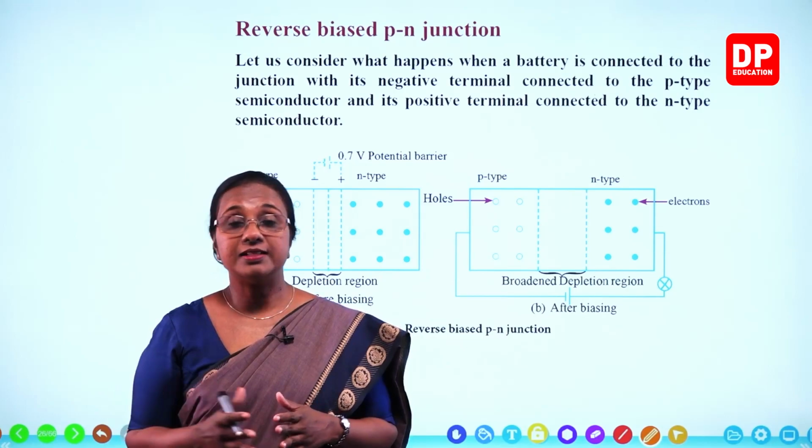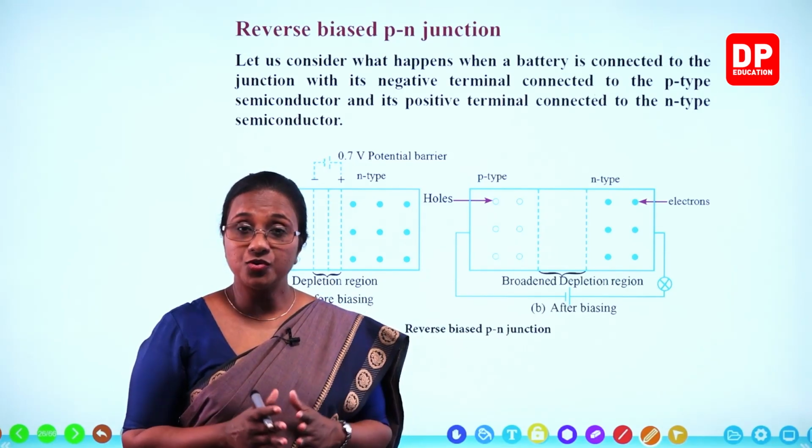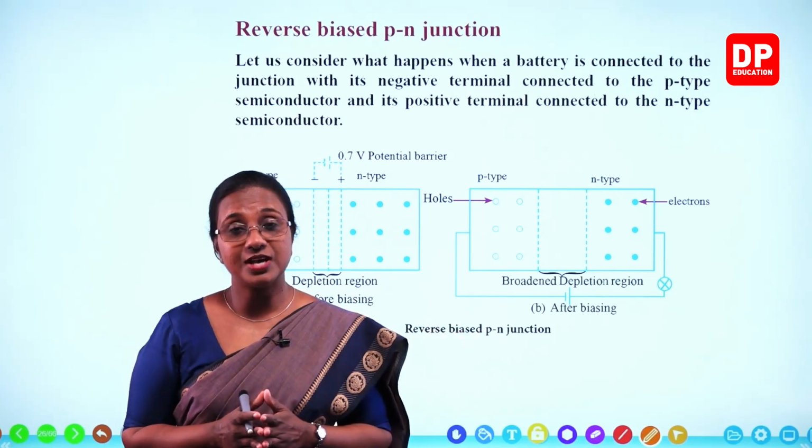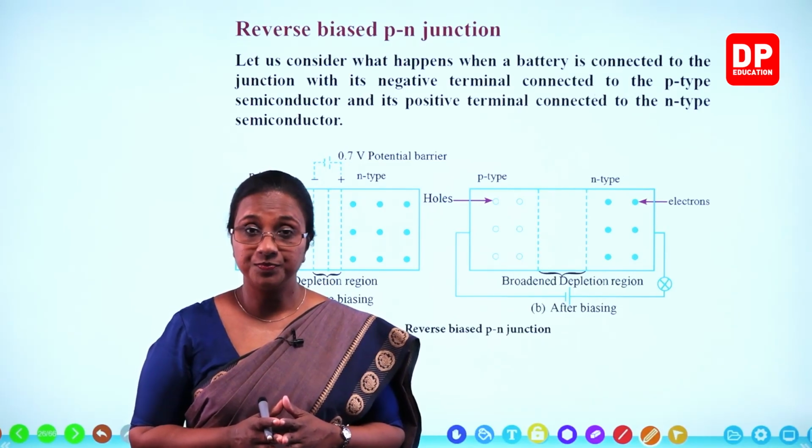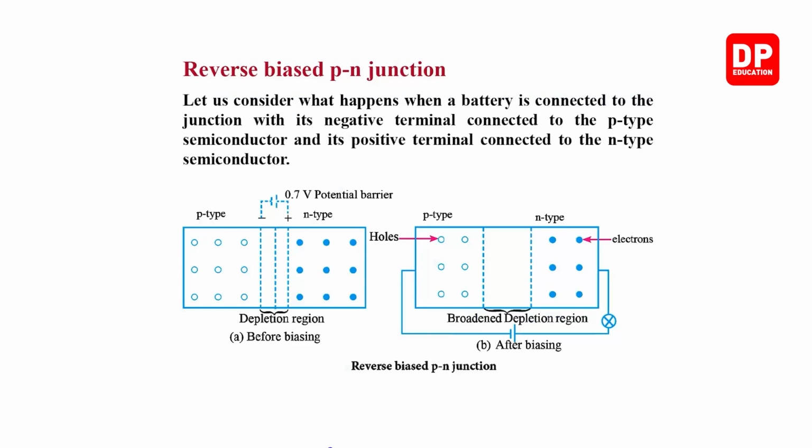I explained why that happens also, and I told you all that when I start this chapter, I will discuss that process again. So here we start this chapter by discussing the reverse biased PN junction.